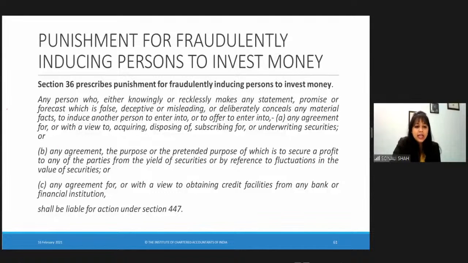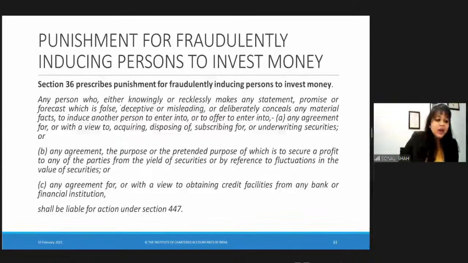Section 36 says any person who either knowingly or recklessly, meaning carelessly, makes any statement, promise, or forecast which is false, deceptive, or misleading, or deliberately conceals any material fact to induce another person to enter into or to offer to enter into any agreement for acquiring, disposing, subscribing, or underwriting securities, or any agreement, the purpose or the pretended purpose of which is to secure a profit to any of the parties from the yield of securities, or an agreement with a view to obtaining credit facilities from any bank or financial institution, shall be liable for fraud.